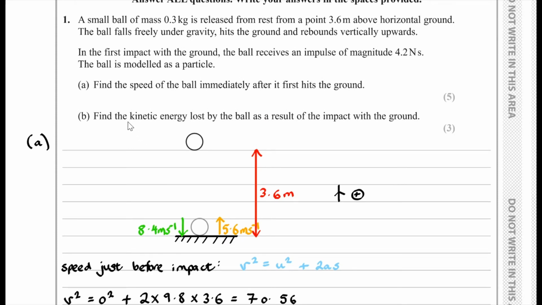And now for part B, we have to find the kinetic energy lost by the ball as a result of the impact with the ground.